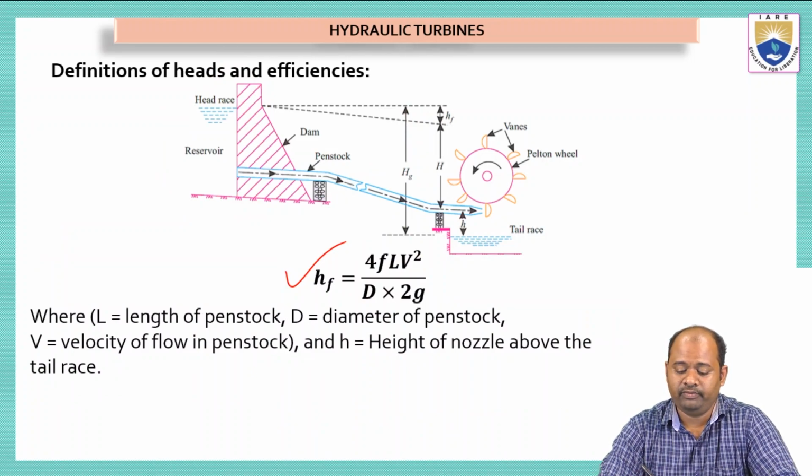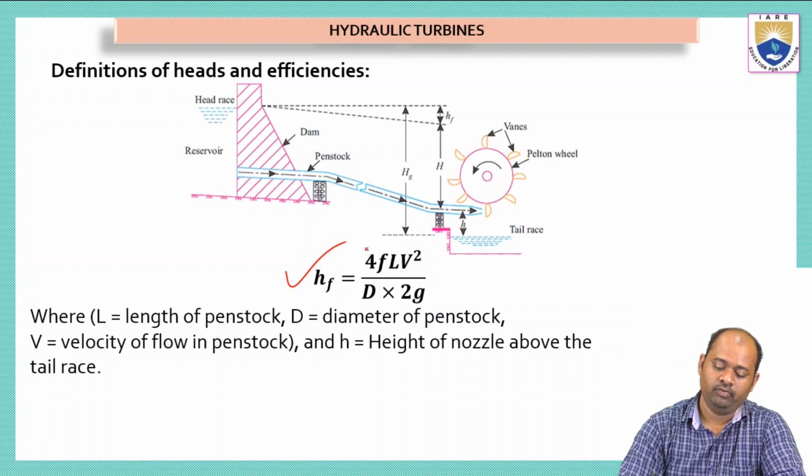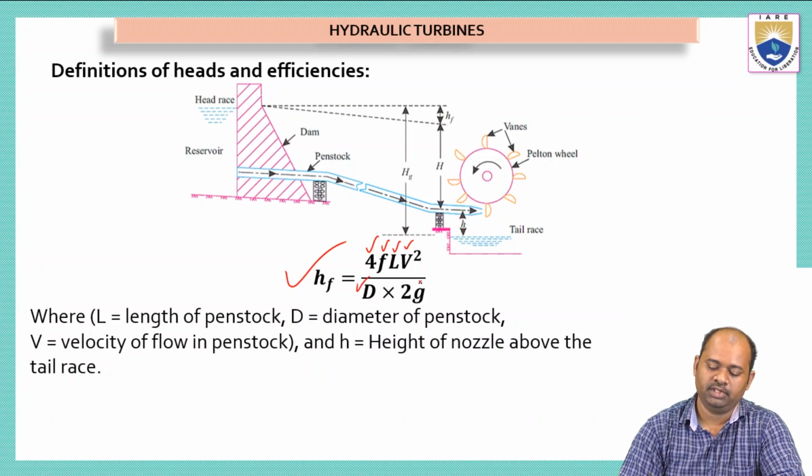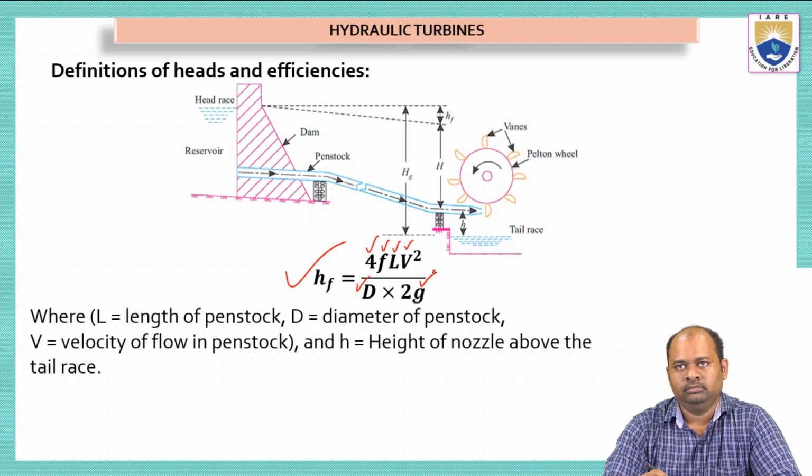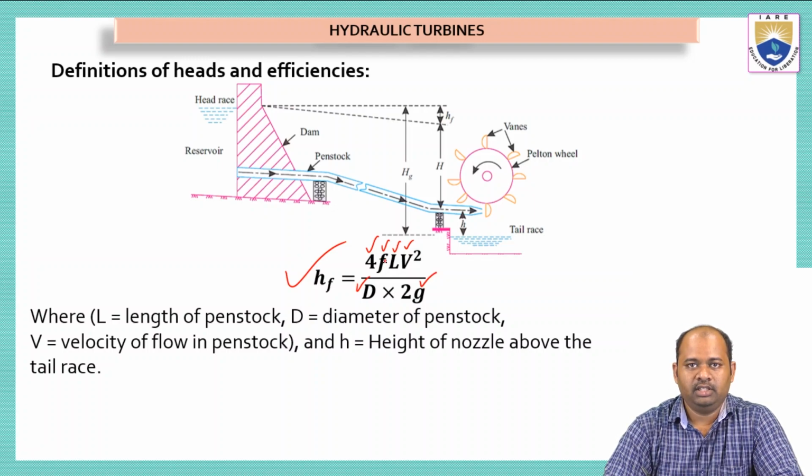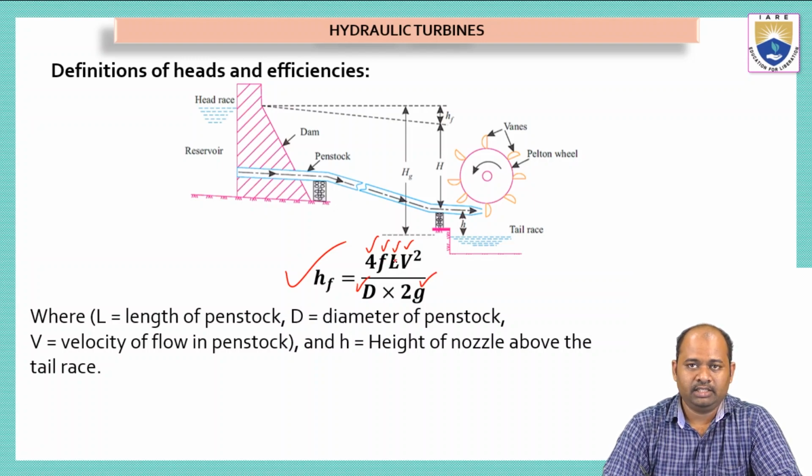The formula for head loss due to friction is 4FLV squared divided by D into 2g. F is the friction coefficient, L stands for length of the pipe, V stands for velocity of the water flowing through the pipe, D stands for diameter, and g stands for gravity. So using this formula, we can calculate the head loss due to friction.